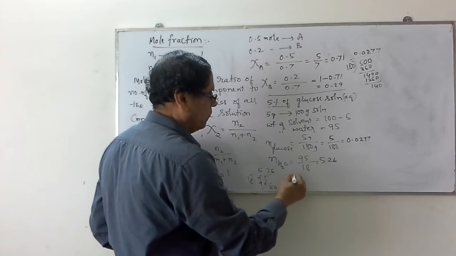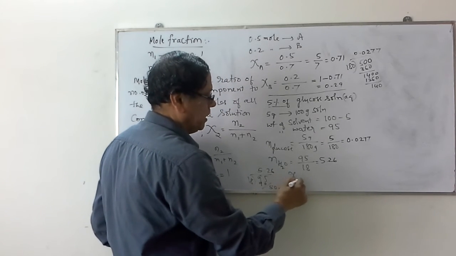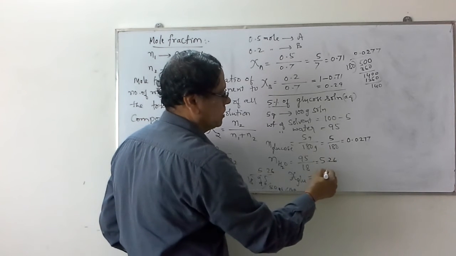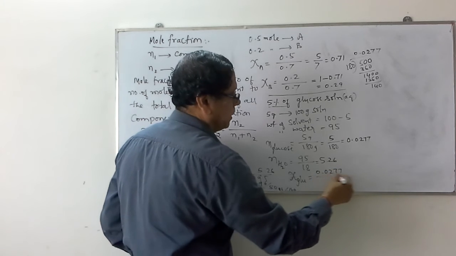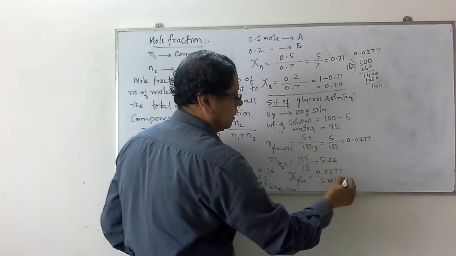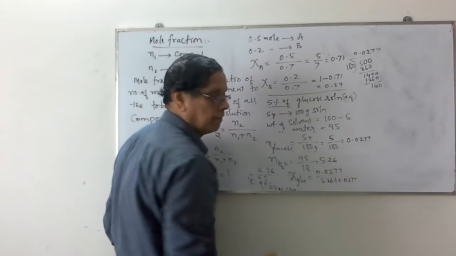So the mole fraction of glucose, chi of glucose, is equal to 0.0277 divided by 5.26 plus 0.0277.